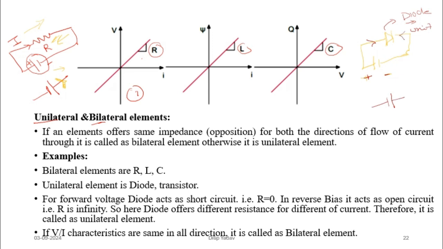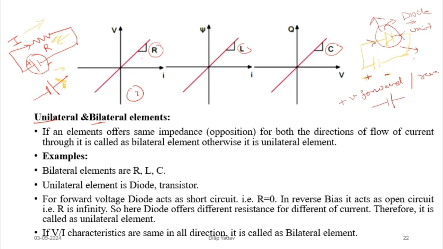It will not work because, as you all know, it does not allow the current to flow in the reverse bias. We say it only works in the forward bias, but the diode does not work in the reverse bias. So this is unilateral.